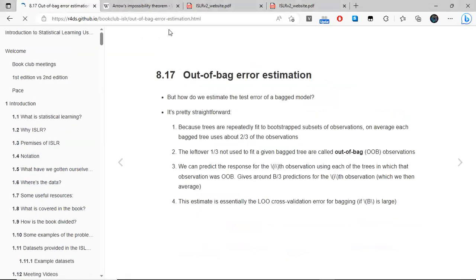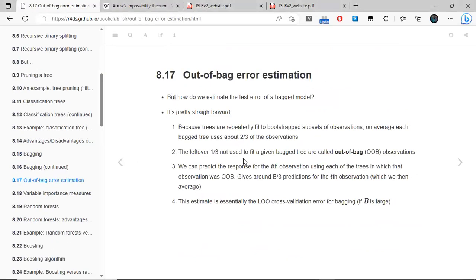Okay, now coming back to the actual content of the book. As we saw in the other cases, you could use cross-validation in order to estimate the testing error. However, in this case of bagging, we already have enough information to model that testing error without the need of using cross-validation.